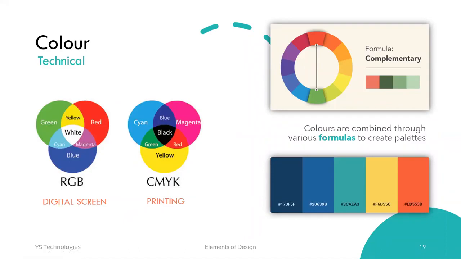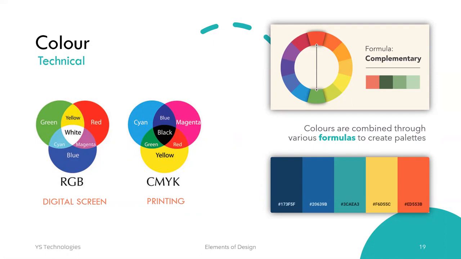All right, let's get a little bit more technical. When dealing with colors, we need to decide whether these colors are going to be used for a digital screen or for printing. Depending on the medium, the primary colors change.